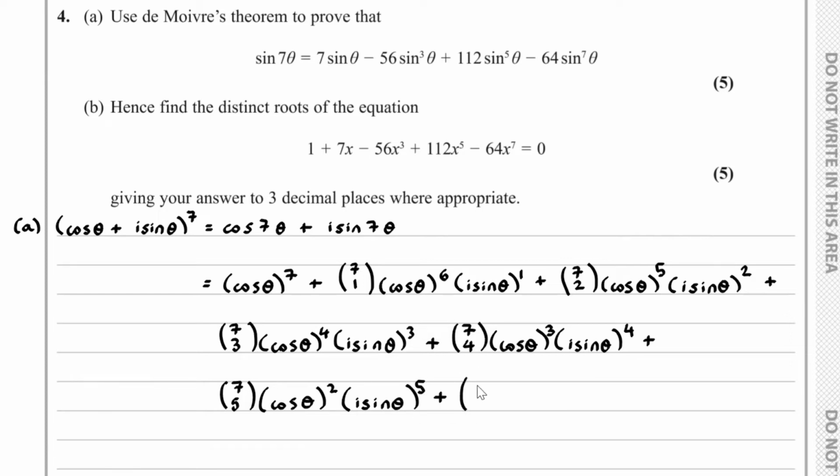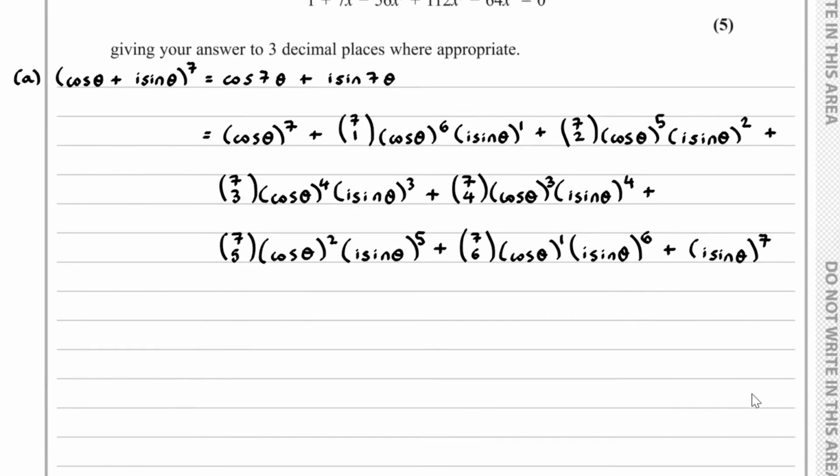Next term, we've got 7 choose 6 times cos theta to the power of 1 times i sin theta to the power of 6. And final term, we've got i sin theta to the power of 7.